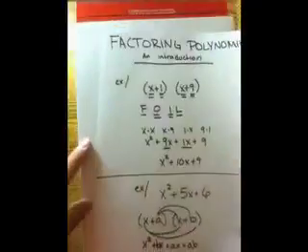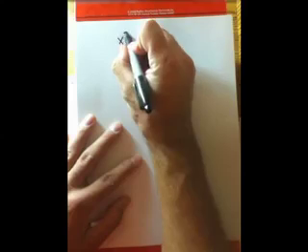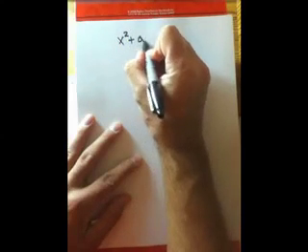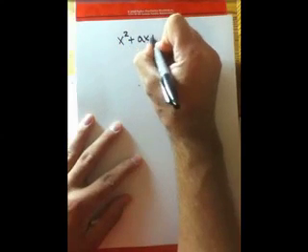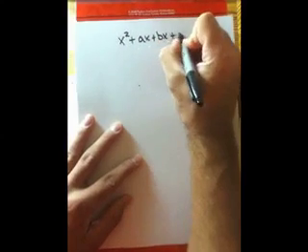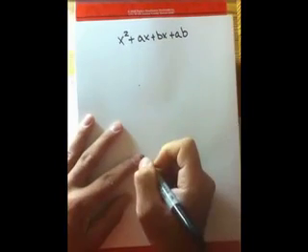Let me rewrite this so we can get a better view. So we have x squared plus ax plus bx plus ab.